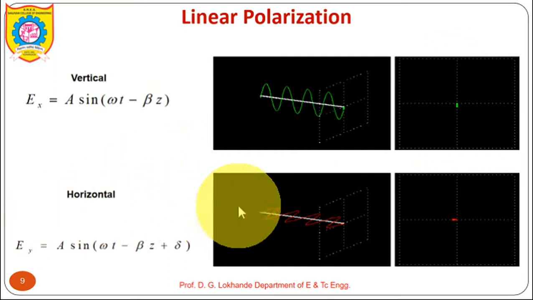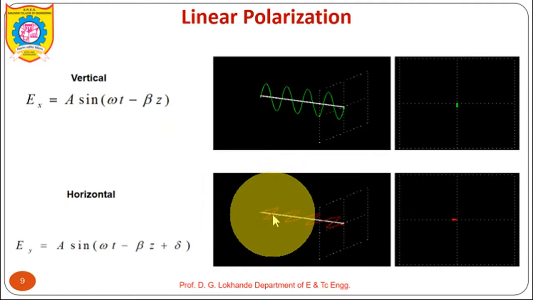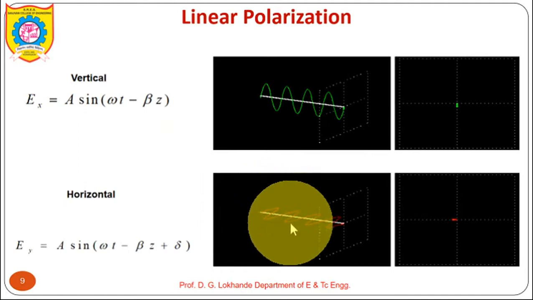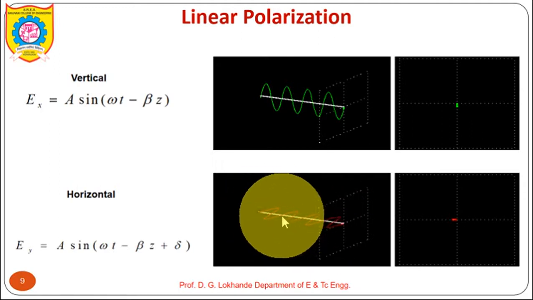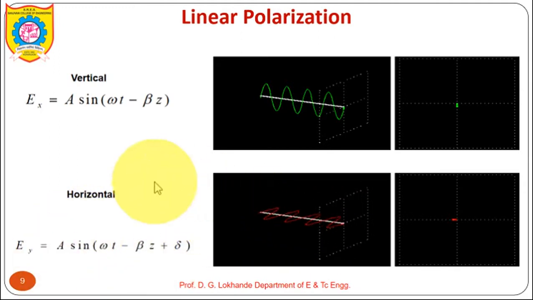Whereas in horizontal polarization, the waves are along the horizontal manner, along the axis, and that's why the equation of horizontal polarization is A sin(omega t minus beta z plus delta). Delta is nothing but probably a maximum of 90 degrees that we are taking.